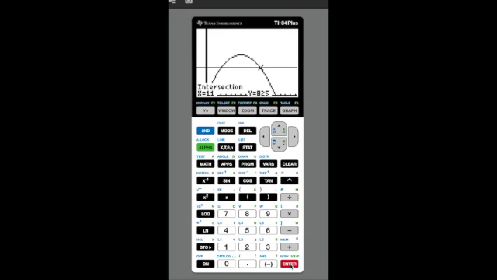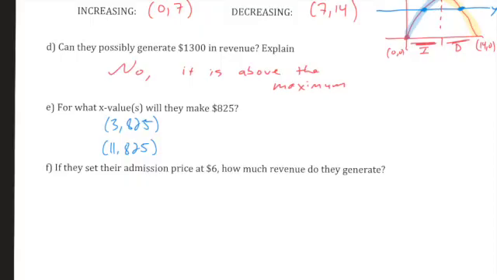So those are the two DVD prices that result in $825 of revenue. Again, for what x values will they make 825? You could either write the two points like this, or simply write x equals $3, because that's the DVD price, or x equals $11. That will create that revenue.